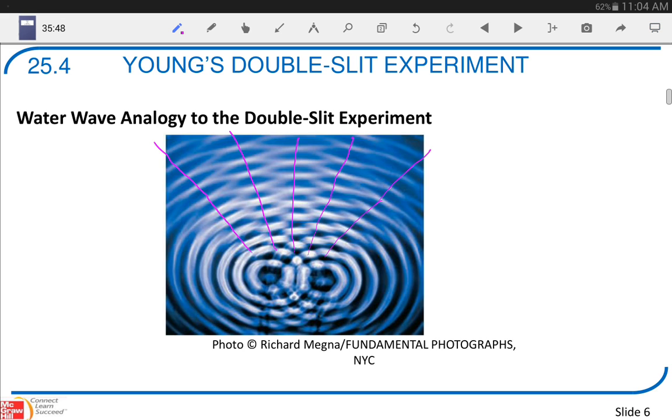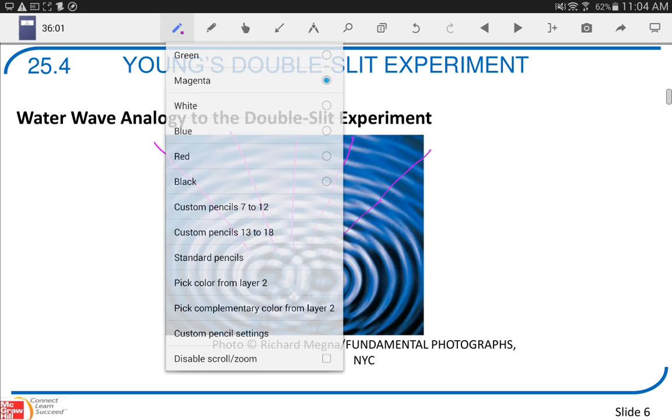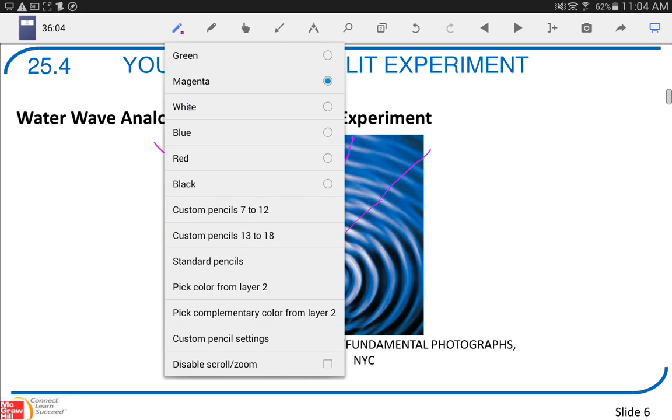Those correspond to the bright spots we saw in our film. In between, it kind of looks fuzzy because they're out of phase with each other. And so they're adding up to something much smaller, getting to a destructive interference line.